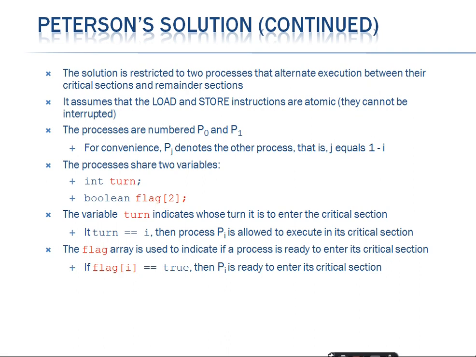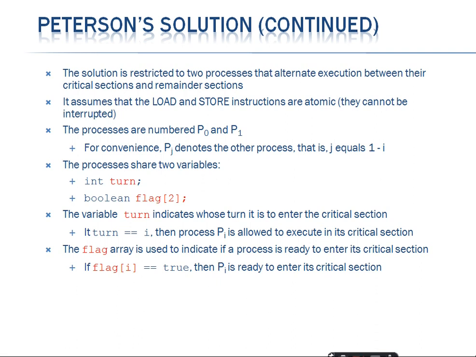Now, Peterson's solution is restricted to two processes that alternate execution between their critical section and remainder section. So Peterson's solution is restricted to only two processes. These two processes alternately switch between their critical section and remainder section.